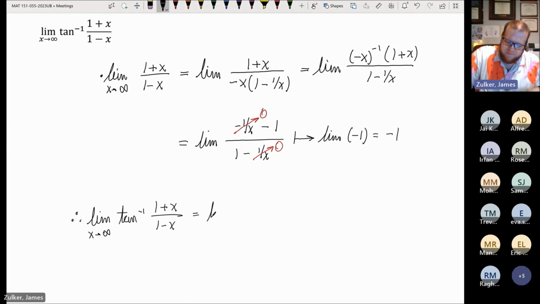Right? This limit's going to be the inverse tangent of -1. And the inverse tangent of -1 is -π/4. Okay.